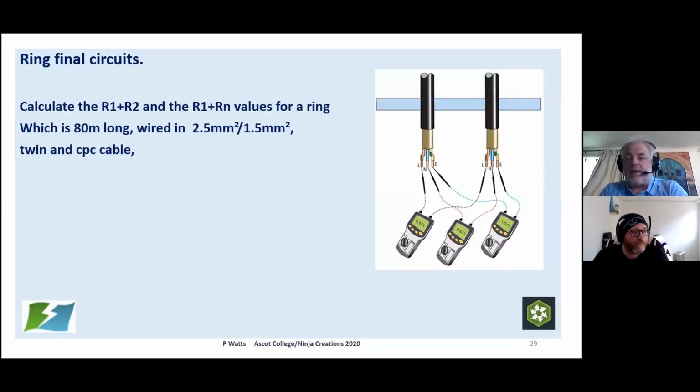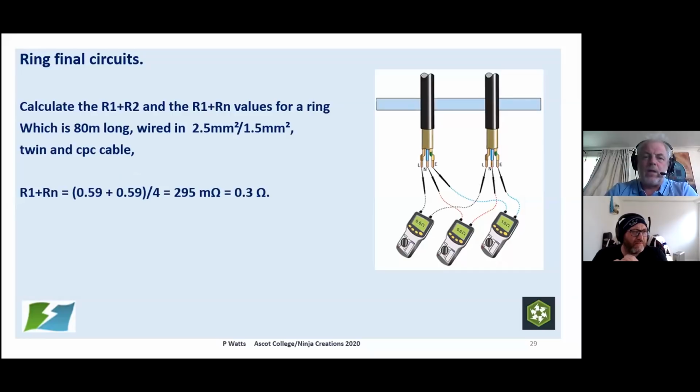If we now want to calculate the big R1, big R2, and the big R1, big Rn values for the same ring. R1, Rn, we take the 0.59 and the 0.59, add them together, divide them by 4. That's the live conductor and the neutral conductor. Little r1, little rn figures, add them together, divide by 4, and we should have a value of about 0.3 ohms.